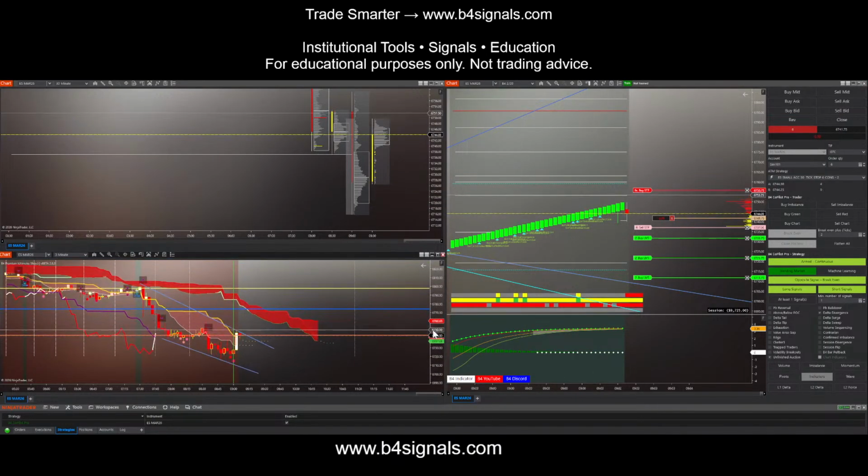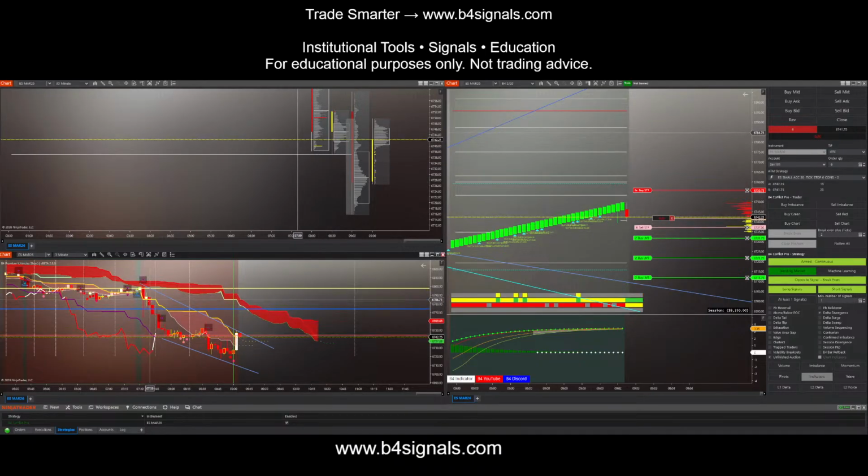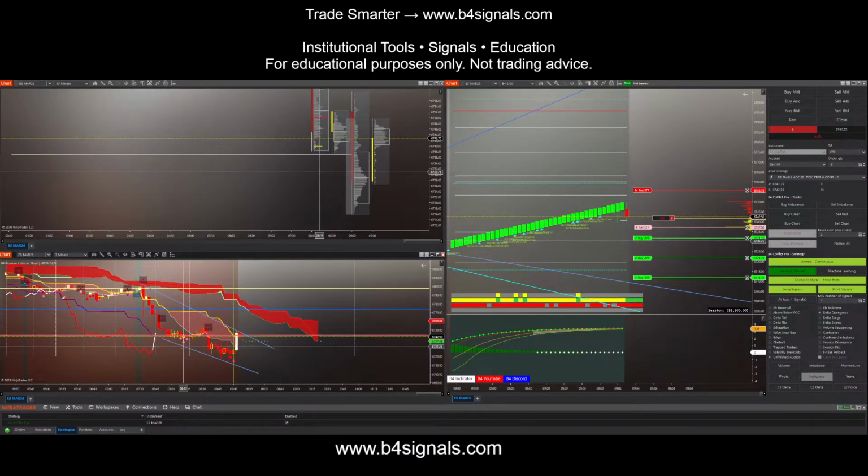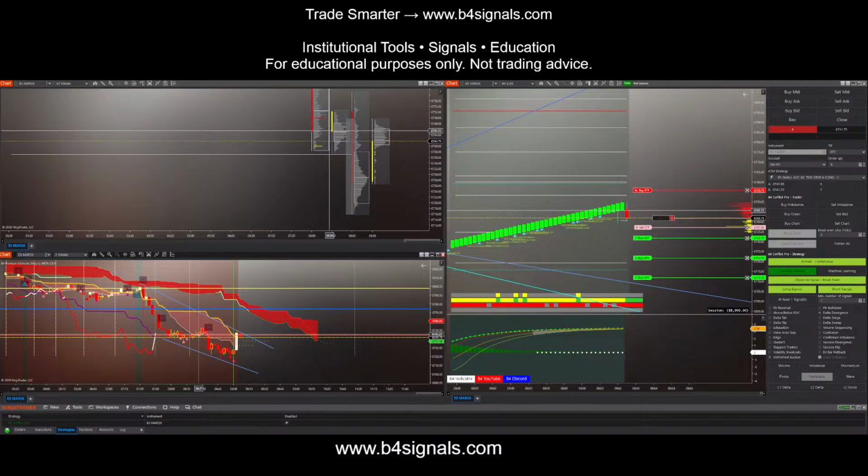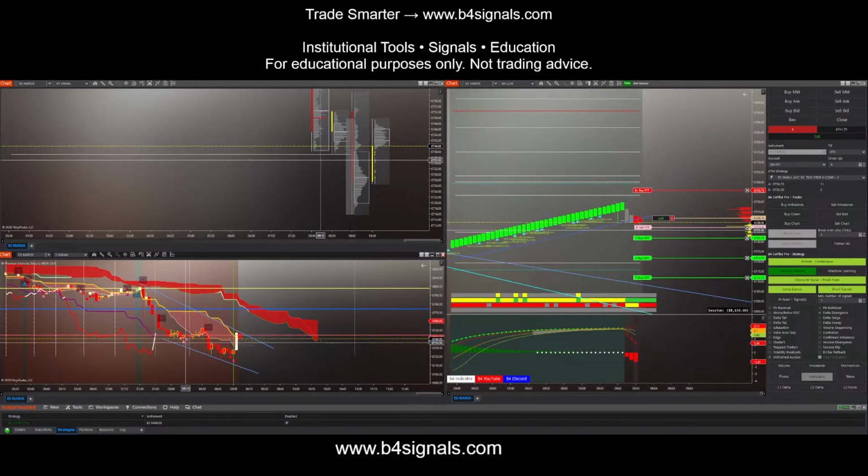Let me show you guys something with our kiss dots since we're talking about Ichimoku this morning. This was our TK cross right here with the Tenkan-sen and Kijun-sen. By the 9th candle, you're supposed to come back and touch the Tenkan-sen, which we did. 3, 4, 5, 6, 7, 8, and 9.